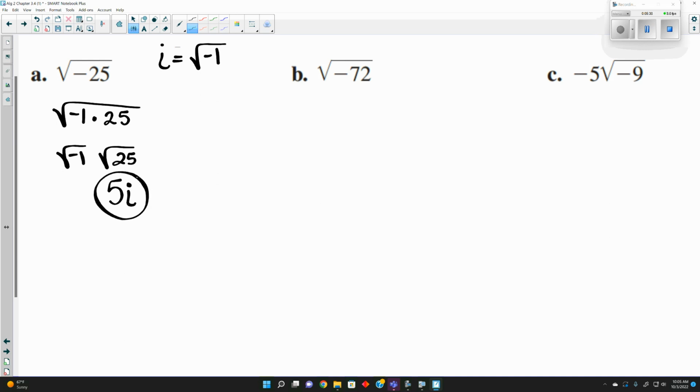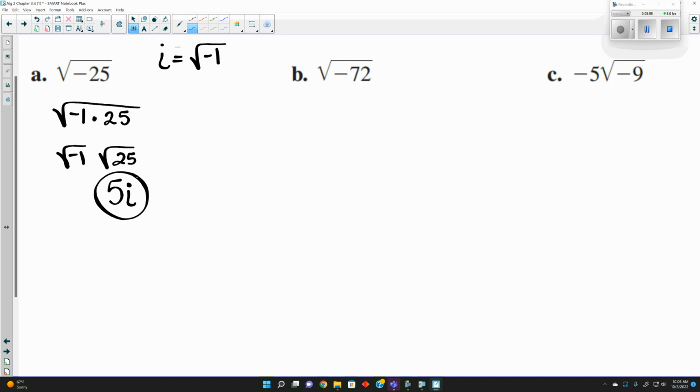So the square root of negative 25 is 5i. Anytime we have a negative inside that radical, it's going to come out as I. Questions on this so far? Any questions on any of this so far?